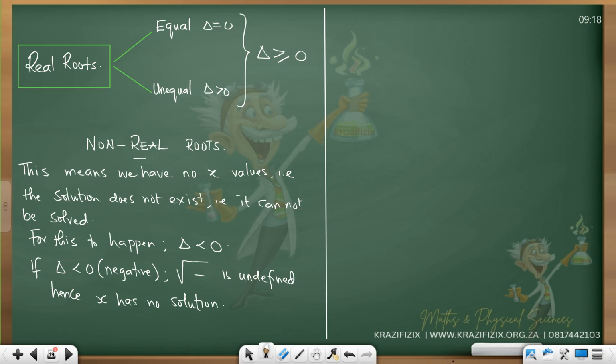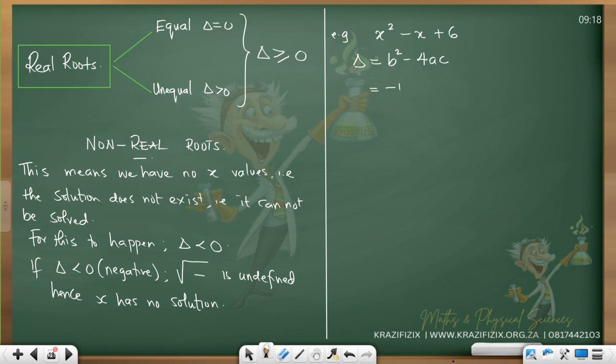We are almost done with nature of roots. I'm just trying to take it very slowly. x squared minus x plus 6. Let's find our discriminant here. b squared minus 4ac.